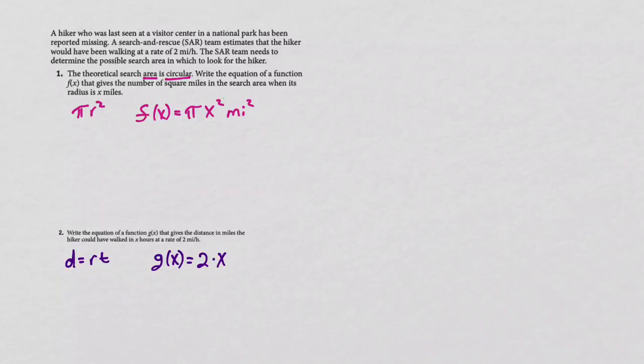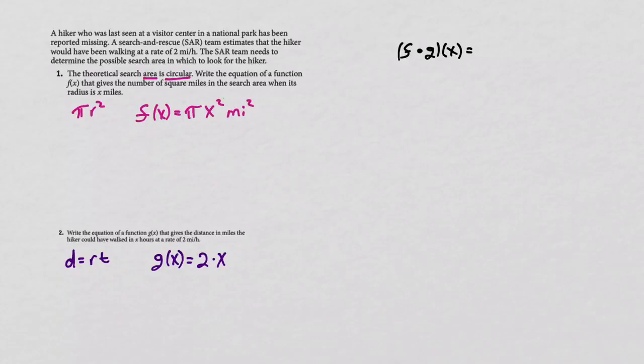Now, the real thing on this is really number 3, which I didn't bring over with us. But really what it asks you to do is a composition. It asks you to do f compose g of x from these two formulas that we have.